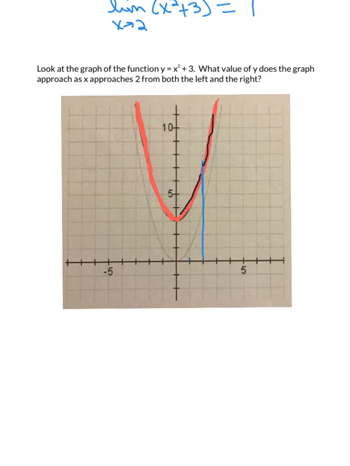Well, if you look, the y value that we're getting closer and closer to is the 7. So graphically, we get the same answer that we just got from doing the table. So again, we would say here that the limit as x approaches 2 of the function x squared plus 3 equals 7.